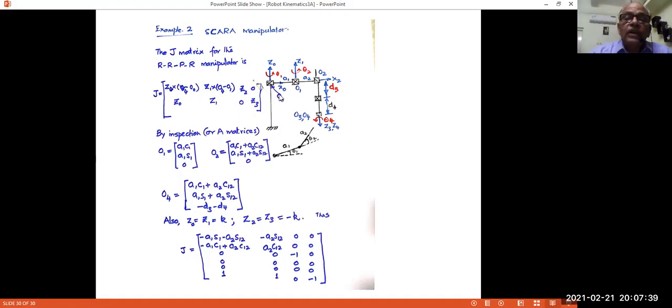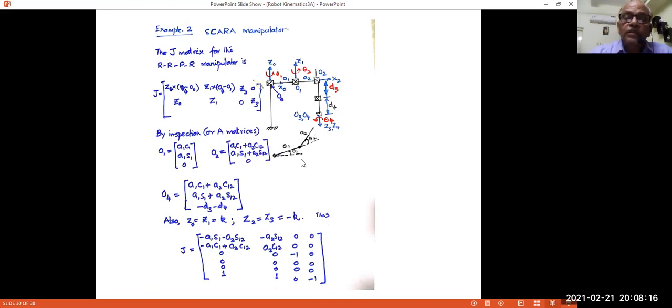So theta 1 has moved by some distance, theta 2 moves by some more distance. When you look from top, this is the top view for the two links. This point, of course, is at this point. And then we'll fix the first frame here. So O1 with respect to that will be A1C1, A1S1, and 0. And this point O2 will be this plus this: A1C1 plus A2C12.